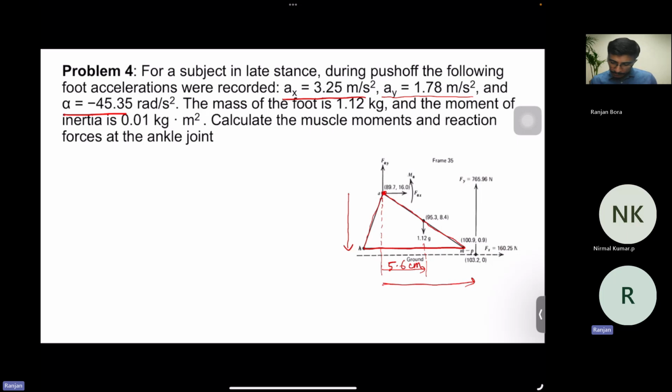And this is 13.5 centimeters. And the vertical distance, this is 15.1 centimeters.